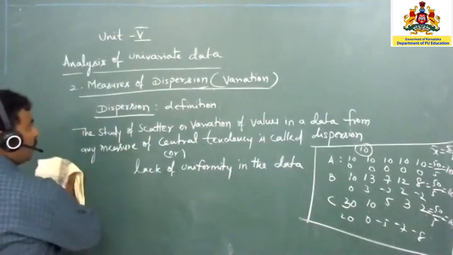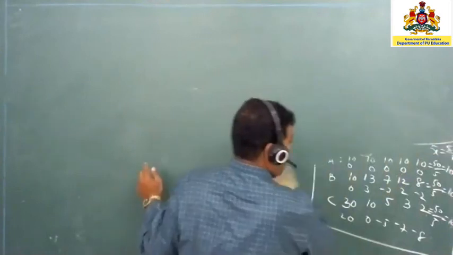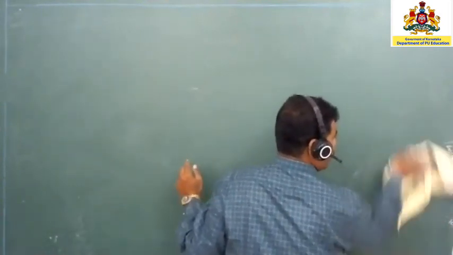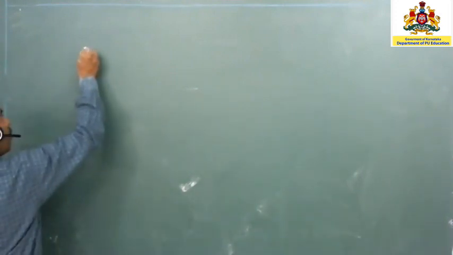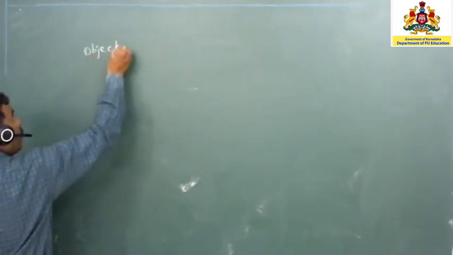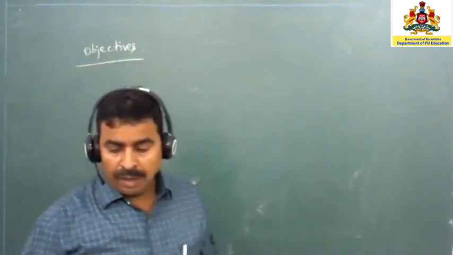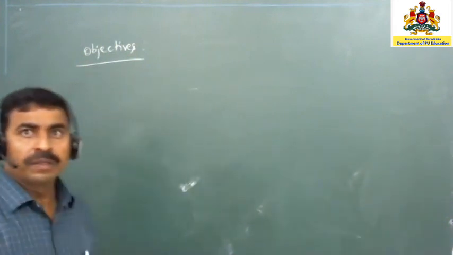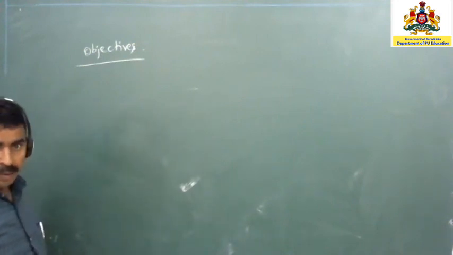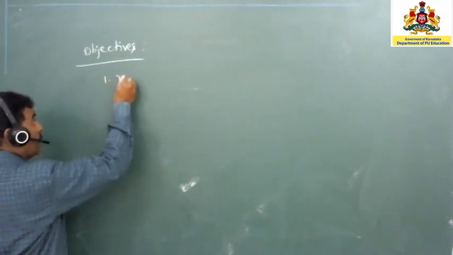Objectives are to judge the reliability of an average. How much reliability is there in a particular average calculated for a given data? So it is used for the reliability of the average.